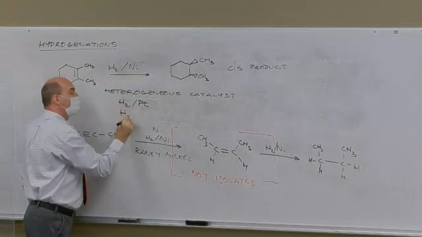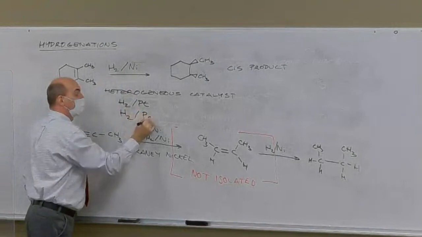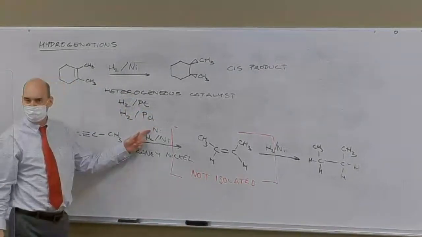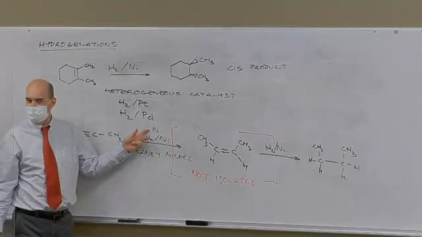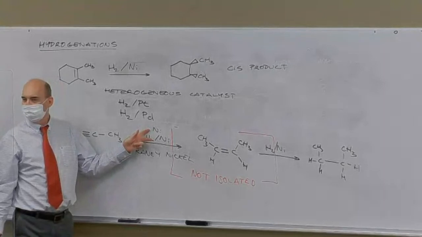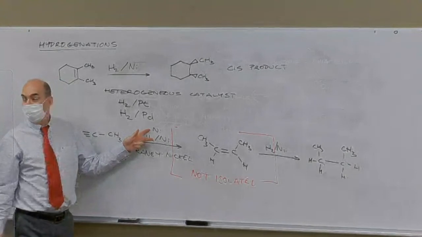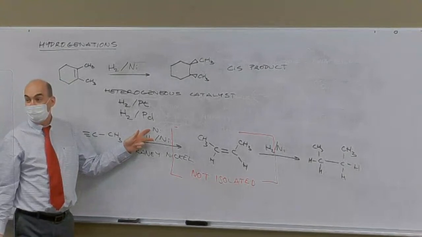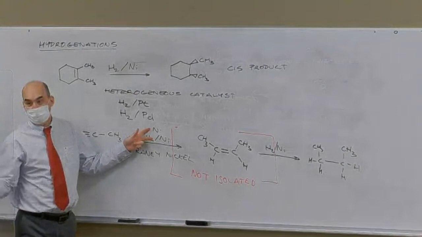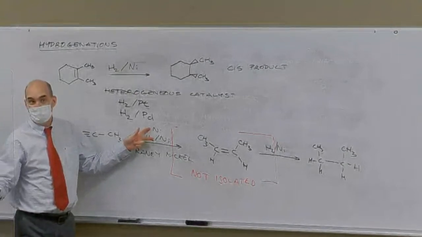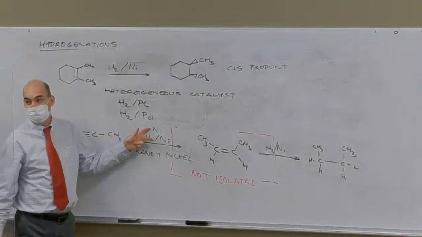And then even better than platinum is this one. Does anybody know what Pd is? Pd is palladium. And palladium is really, really good at holding on to hydrogen, but it's incredibly expensive.